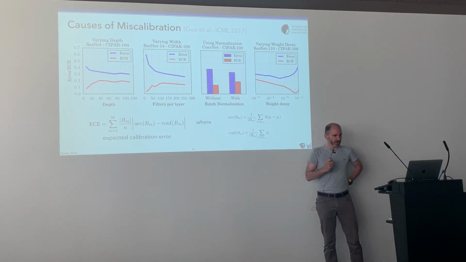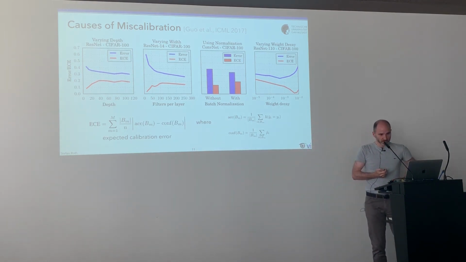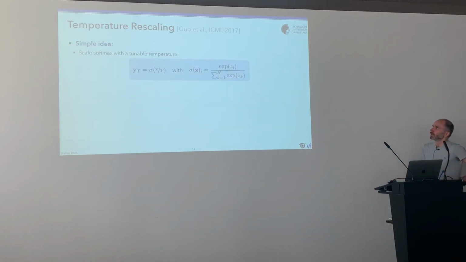Problems are good. Let's see what a solution might be. The simplest solution that they propose is actually very related to rescaling approaches that were used in classical classification methods like SVM. What they found worked the best is a simple, what they call temperature rescaling. So you basically just take the same softmax and you make this innocuous change that you divide the activations before the softmax by some temperature.